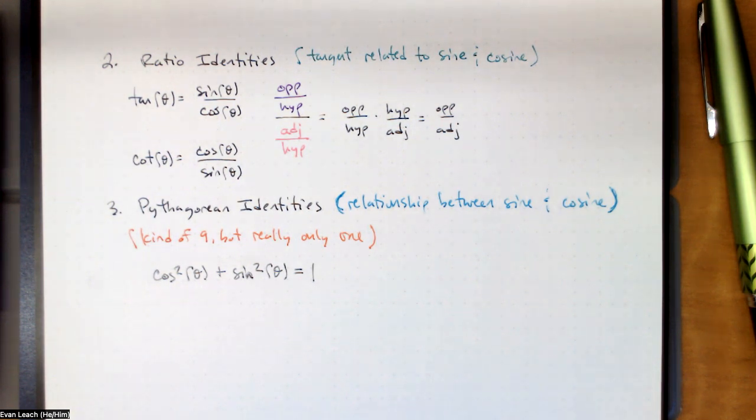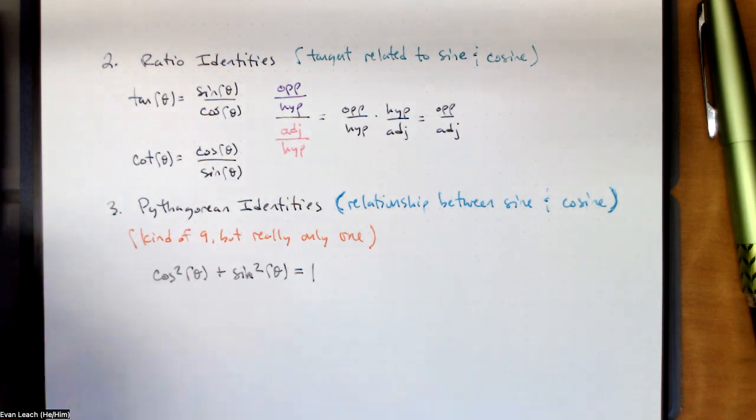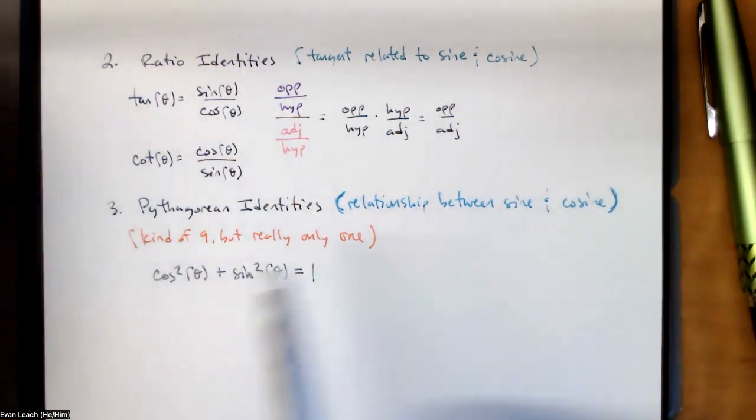We usually don't say the of theta when we're remembering our identities in general. Cosine squared theta plus sine squared theta equals 1. Cosine squared plus sine squared equals 1. When I write cosine squared, I mean take the cosine first and then square it. That's the order of operations for that particular symbol.